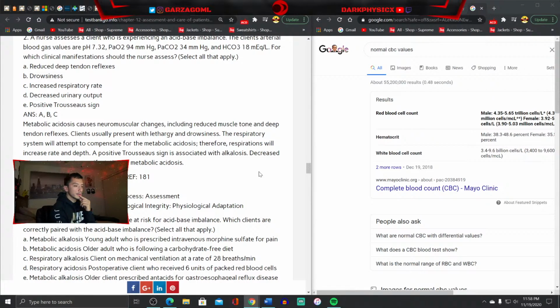Respiratory alkalosis, client on mechanical ventilator at a rate of 28 breaths per minute. I guess, yeah, let's go with that, because if you're breathing too much, your breaths are going to be super high. Respiratory acidosis, post-op care, client who received 6 units of packed blood. Shoot, this is a hard one.